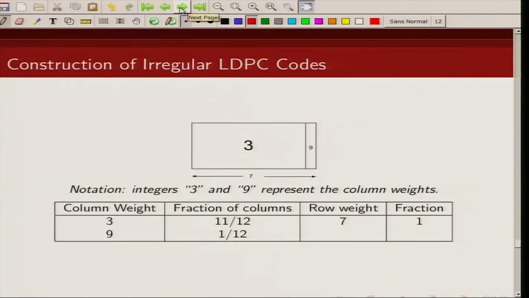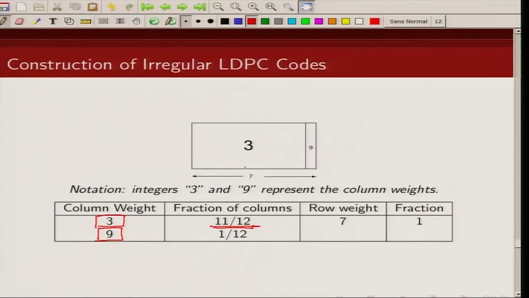So, let us say we would like to design an LDPC code such that 11/12 of the columns have column weight 3 and 1/12 of the columns have column weight 9.